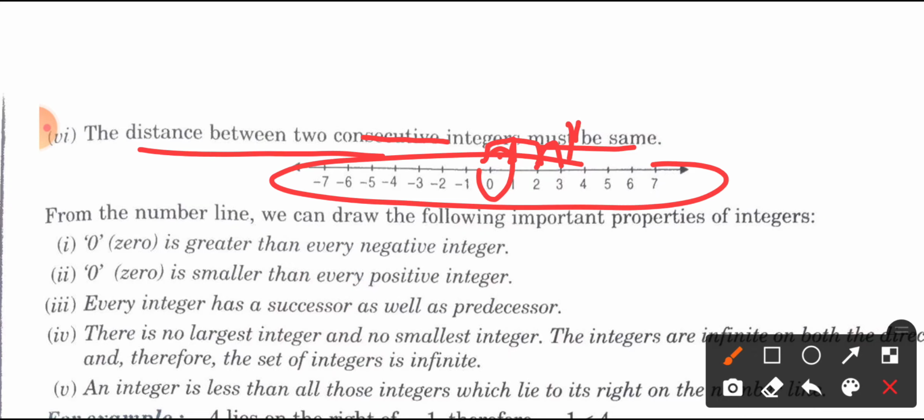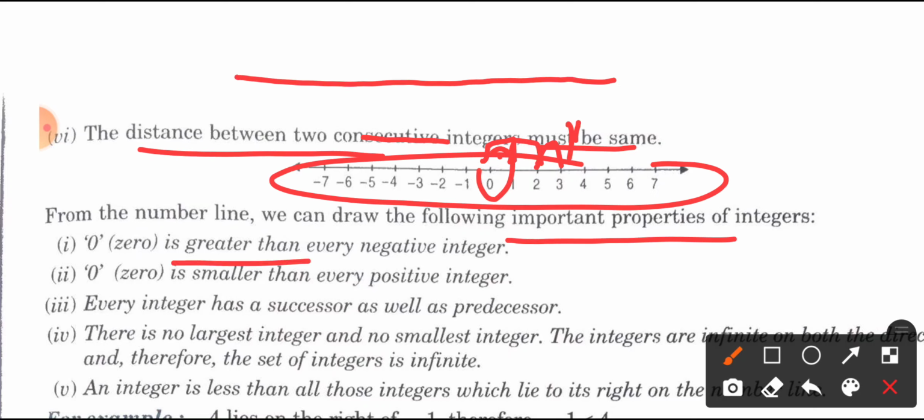Now you can see the different properties. 0 is greater than every negative integer. As we have seen before in whole numbers and natural numbers also, as we go to the left side, the value of the number decreases, and as we move to the right-hand side, the value of the number increases.